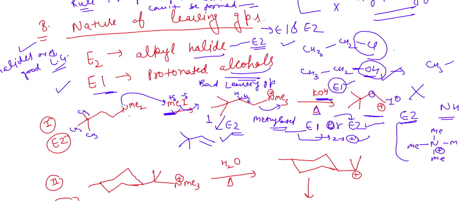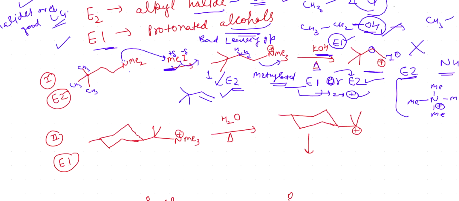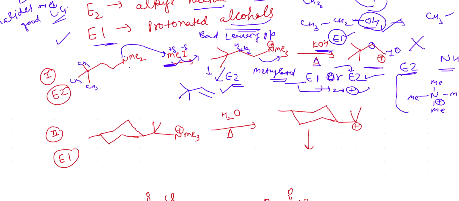Consider another case in which the leaving group is N+Me3, meaning a quaternary amine. The leaving group is a quaternary amine, but the substrate is different. Here the leaving group is attached to a tertiary carbon.